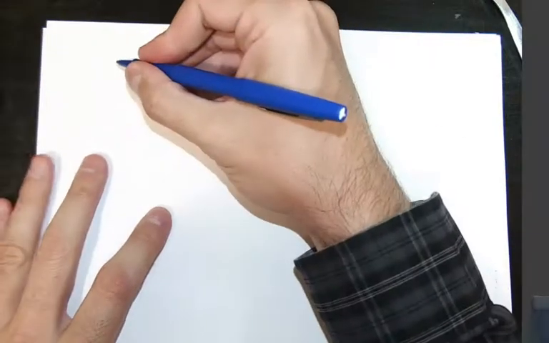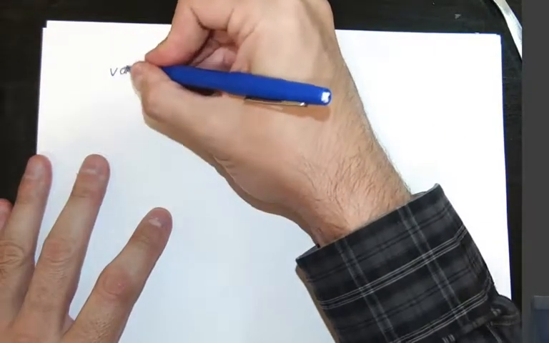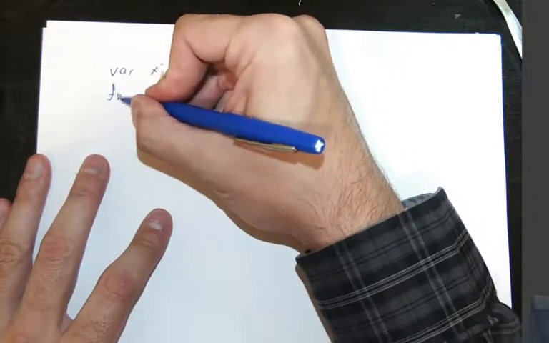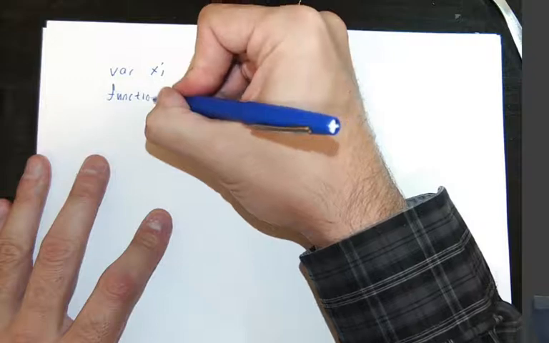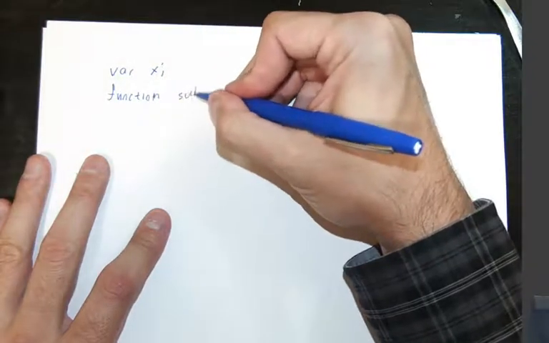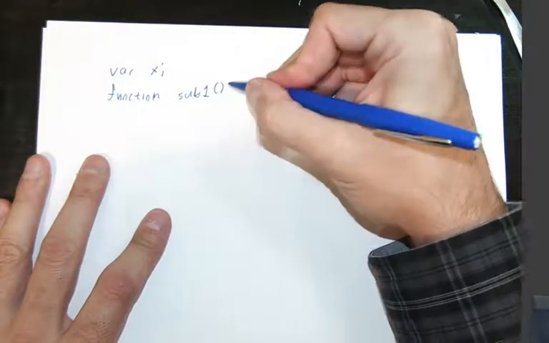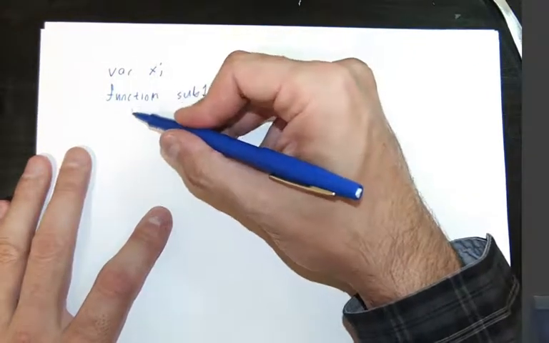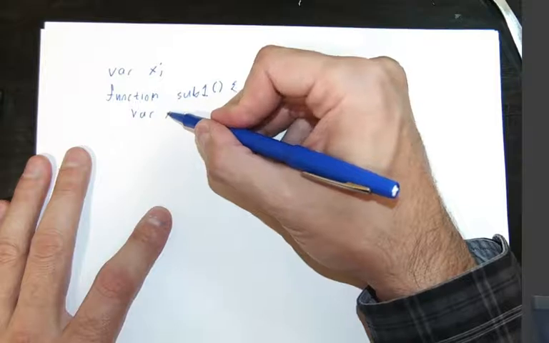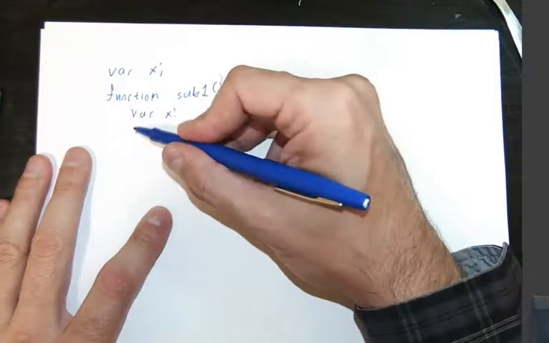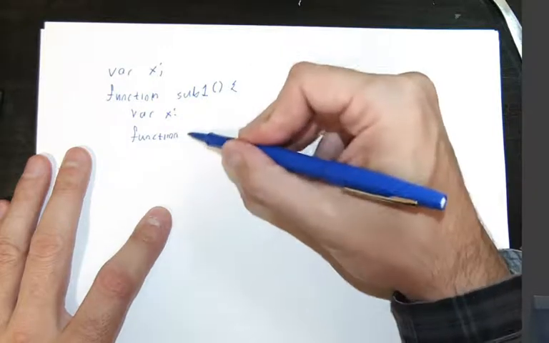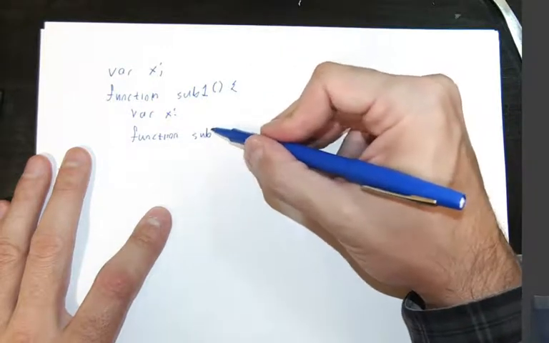The program looks like this: x, and then we have a function called sub1. And within sub1, we have x, and then a nested function called sub2.